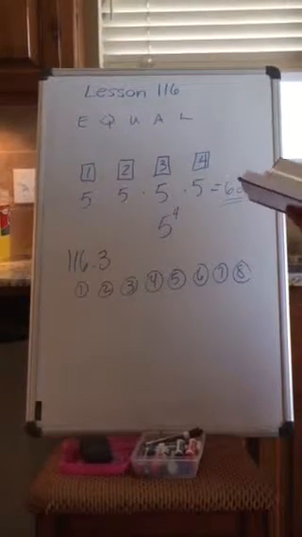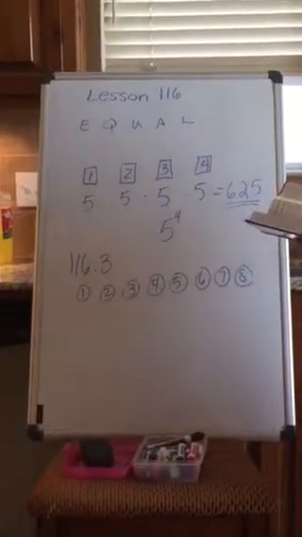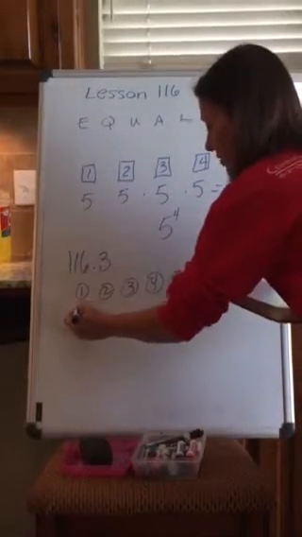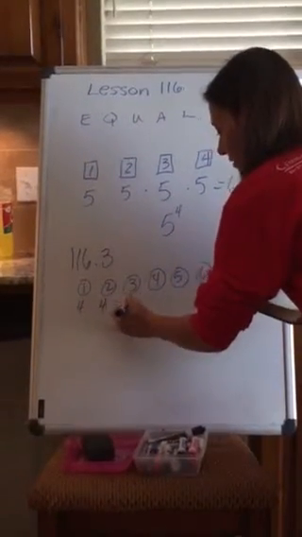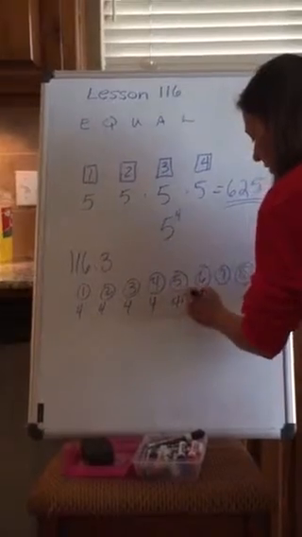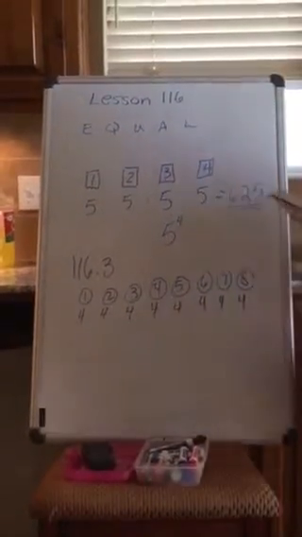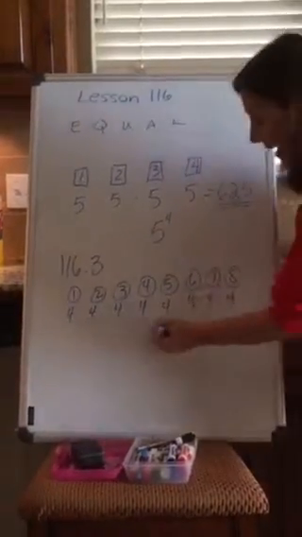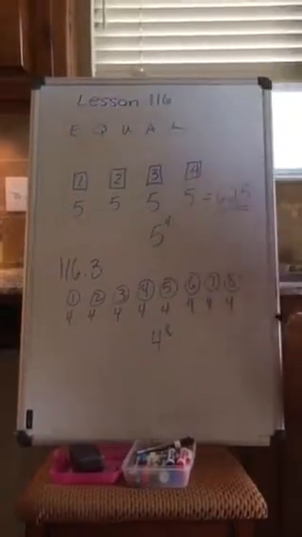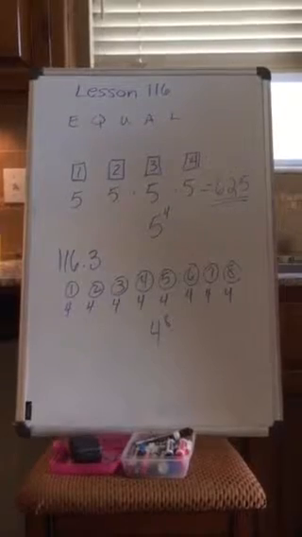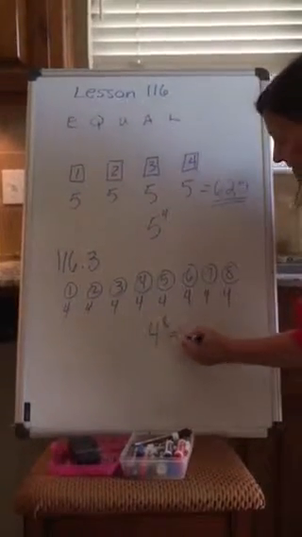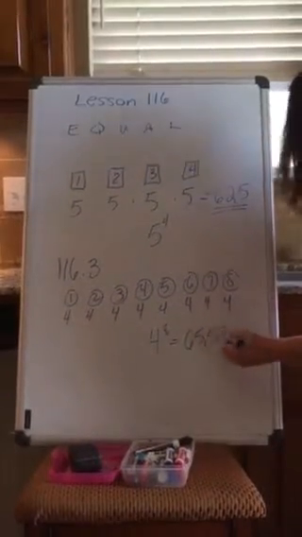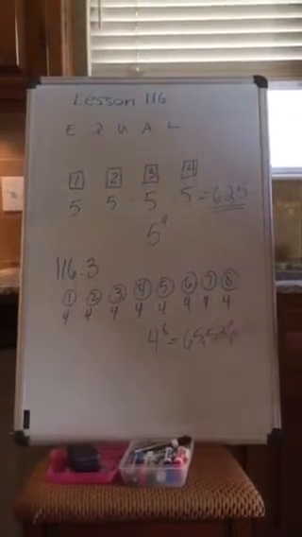And for each question, there are 4 answers. So for this question, there's 4, this question, there's 4, and so on. How many permutations? It would be 4 to the 8th power, which equals 65,536.